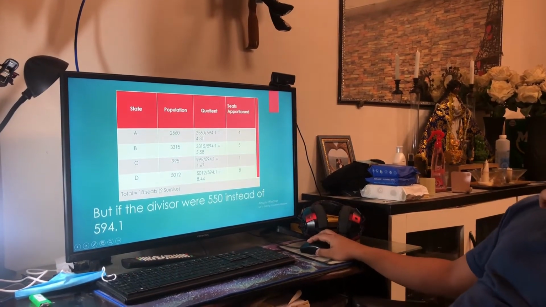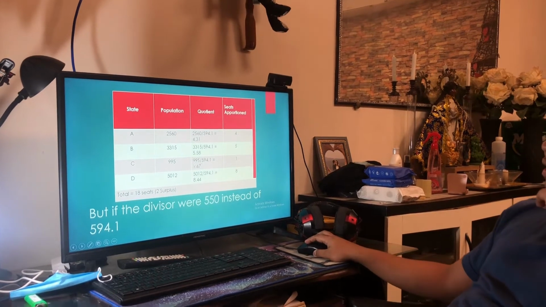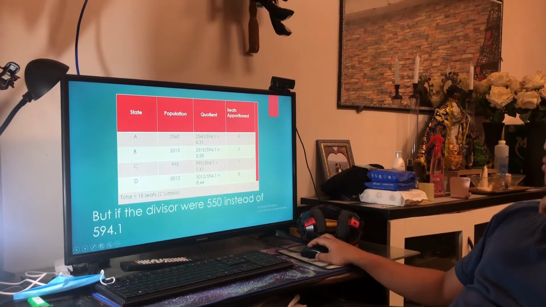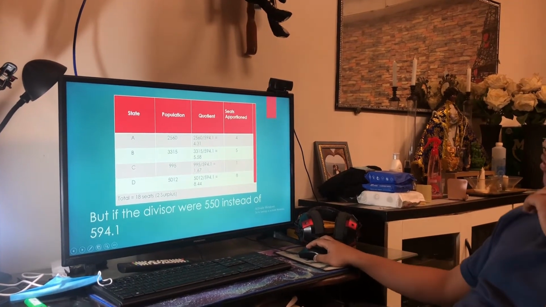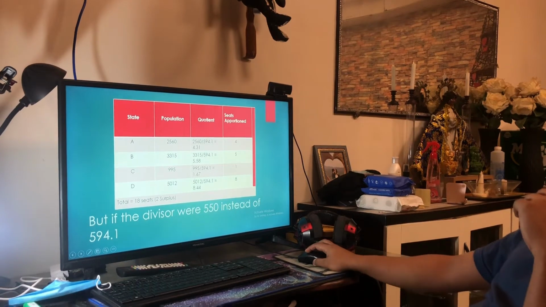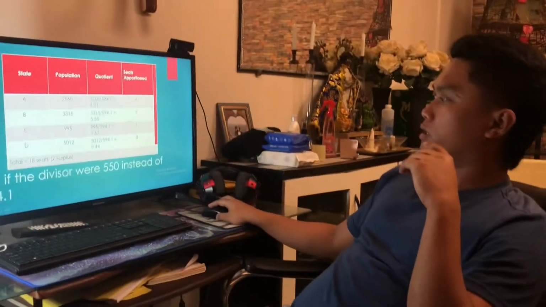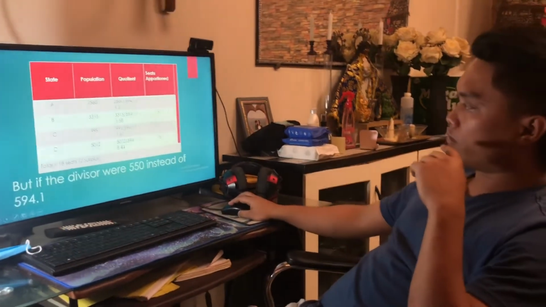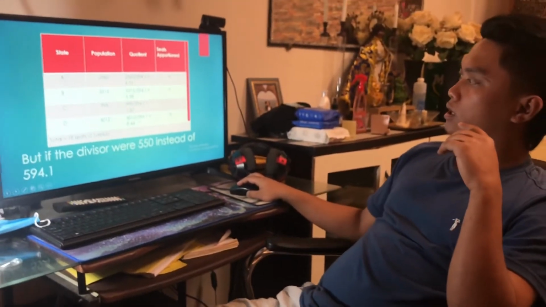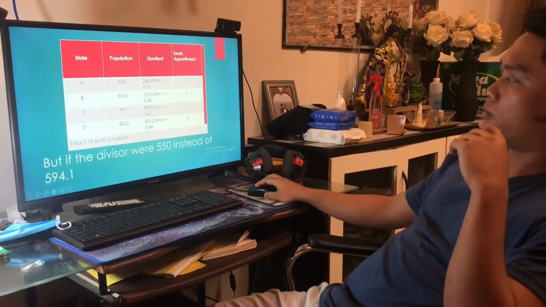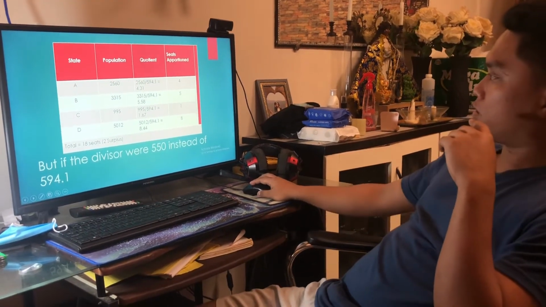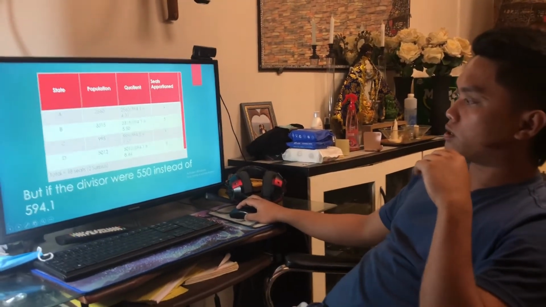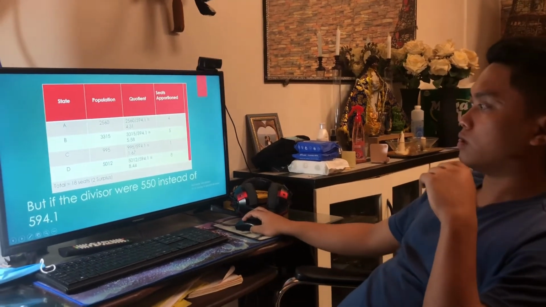State C is 995, and the quotient is 995 divided by 594.1, which equals 1.67, and the seats appointed is 1. State D is 5,012, divided by 594.1, which equals 8.44, and the seats appointed is 8, and the total is equal to 18 seats and 2 surplus.